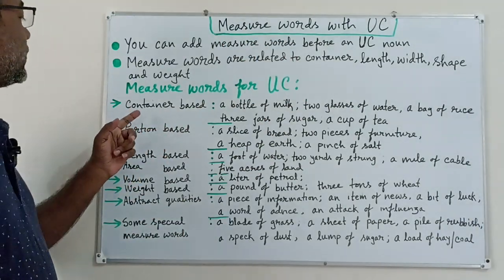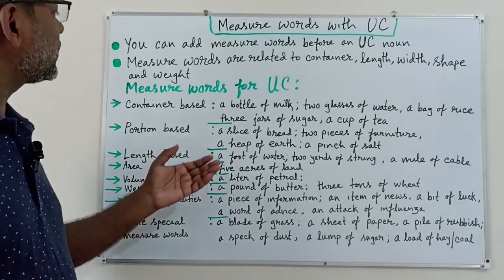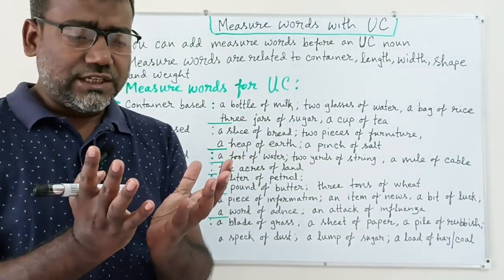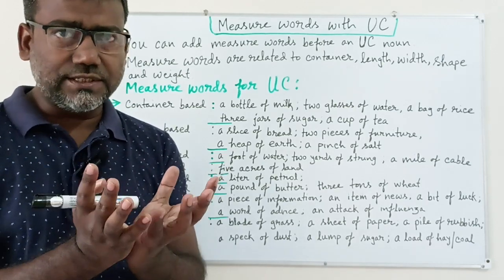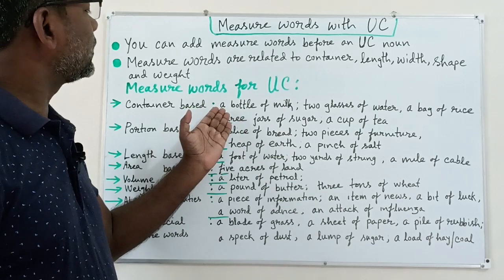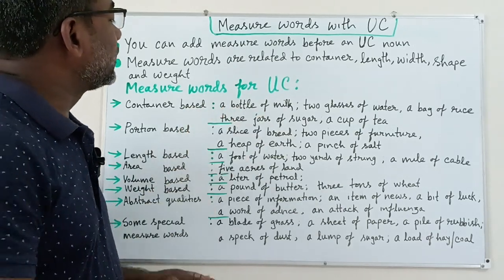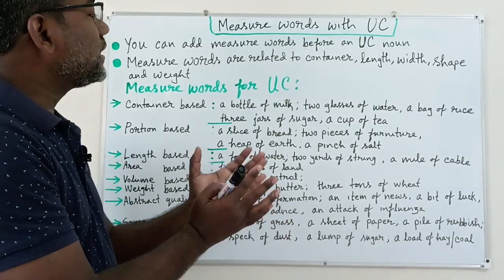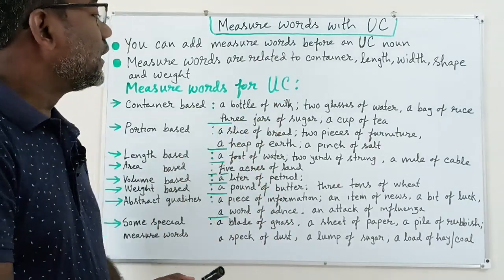The first one is container based measure words. A container is something that contains other things. So the first example is a bottle of milk. The bottle is a container that contains milk inside it.